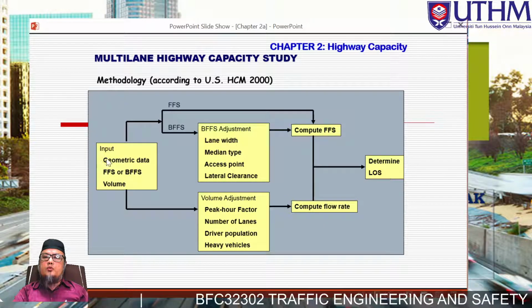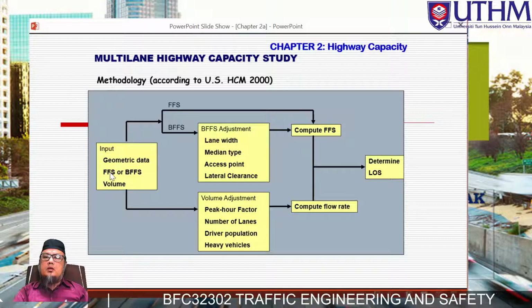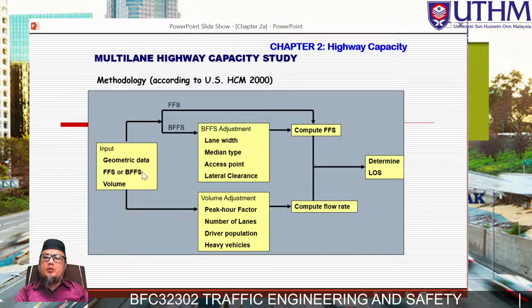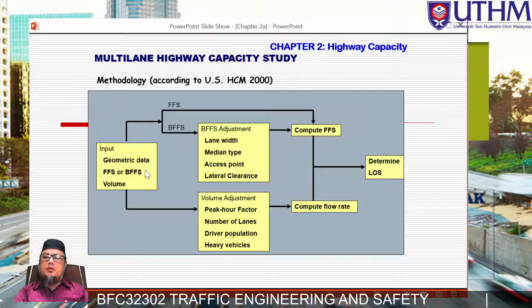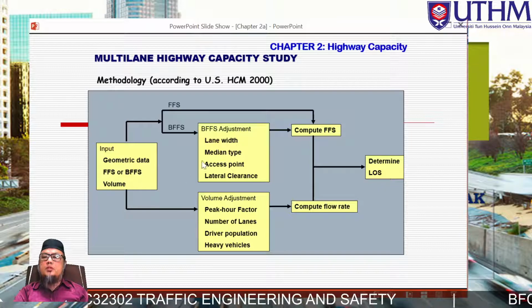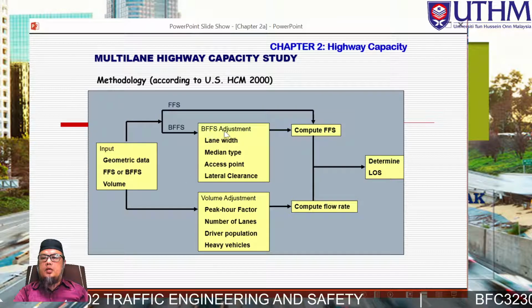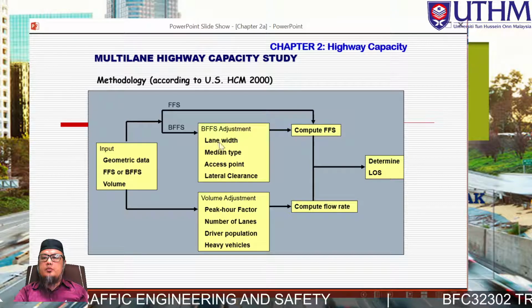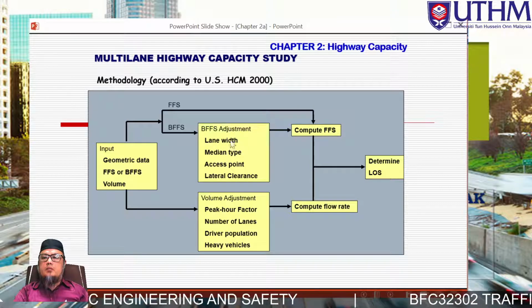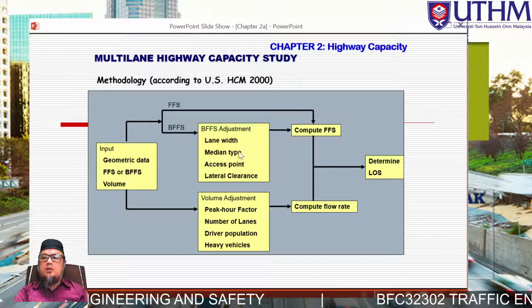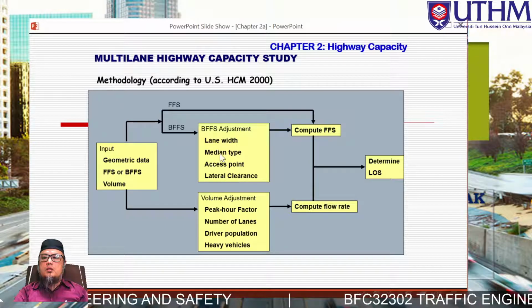First, the input from geometric, free flow speed or basic free flow speed, and volumes. Then we adjust the basic free flow speed, which is affected by lane width, median type, access points, and lateral clearance.